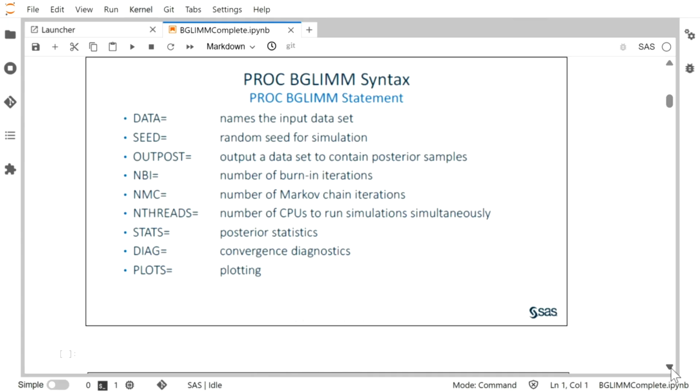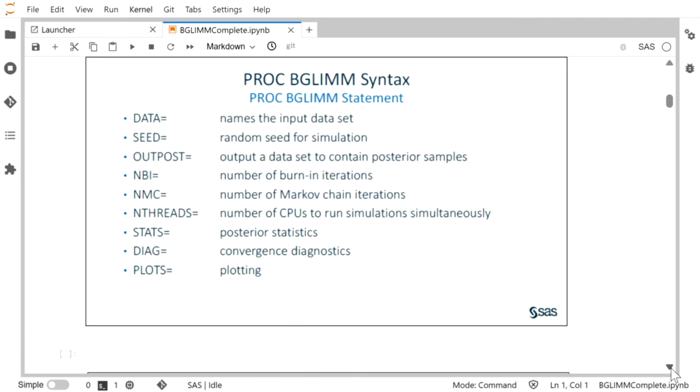Outpost is where you will save out the chain. Always a good idea to save out the posterior chain, because for any post analysis you need, you don't want to have to go back and rerun everything. Burn in, how many iterations, what statistics, what diagnostics, what plots do you want to see? By the way, for stats equals, diag equals, and plots equals, can I tell you my favorite thing to put after that?